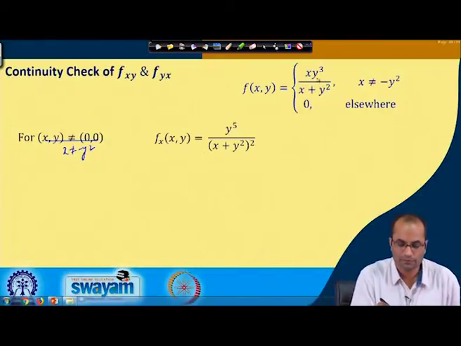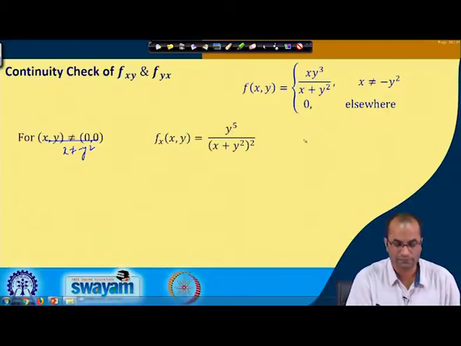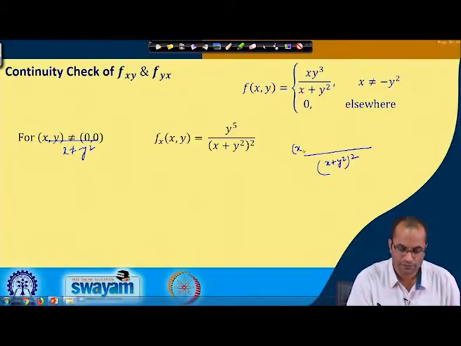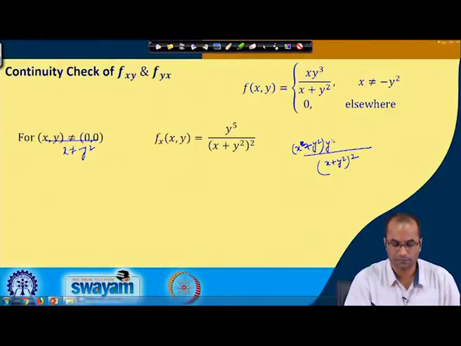So, from here if you want to take this derivative of f with respect to x, what will happen? Here the quotient rule, the whole square of x plus y square will come, and this term x plus y square, and the derivative of this with respect to x will be y cube, minus this x y cube, and the derivative here with respect to x will be 1.